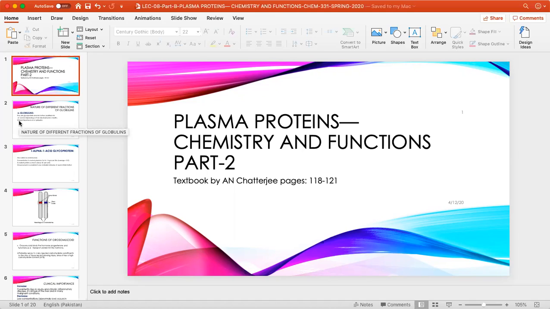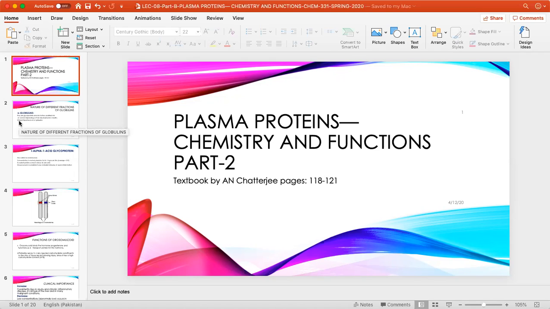Alpha 1 globulins are further divided into 4 things. Number 1 is the alpha 1 acid glycoprotein. Number 2 is alpha 1 fetoglobulin, which is also called alpha 1 dash fetoprotein. Number 3 is alpha 1 globulin inhibitors. And number 4 is alpha 1 antitrypsin, which is also called alpha 1 dash AT.